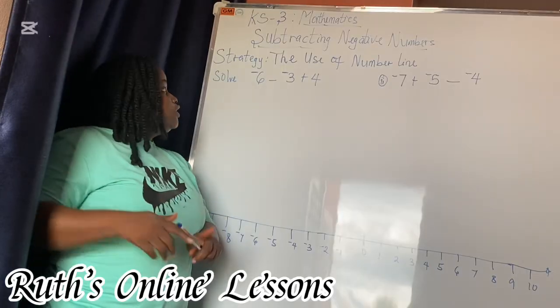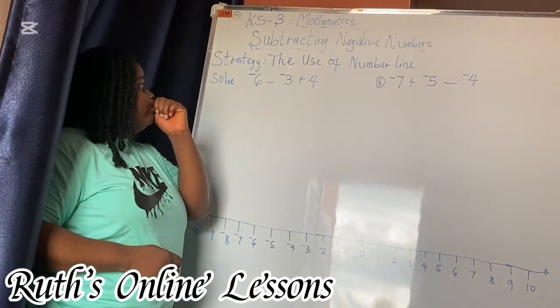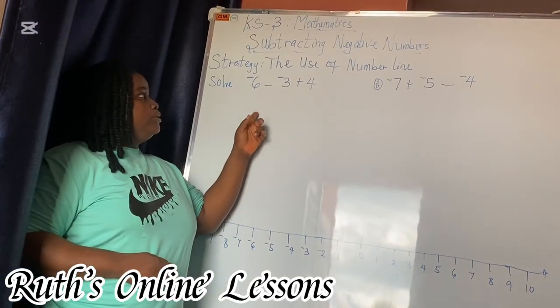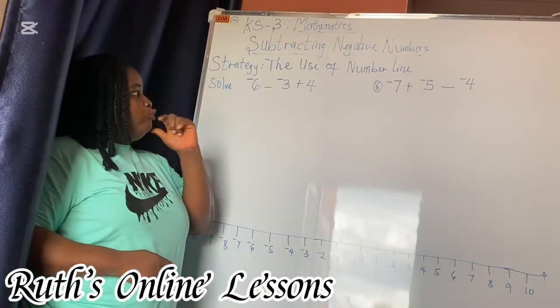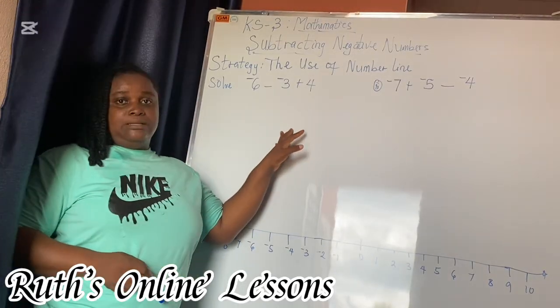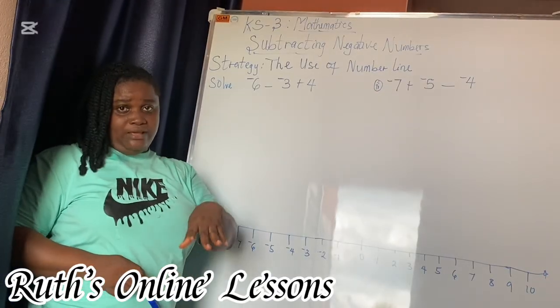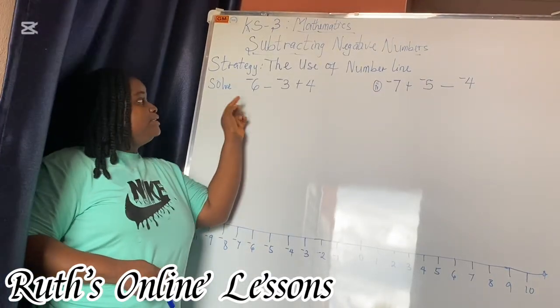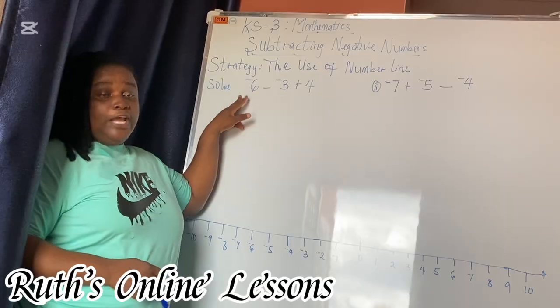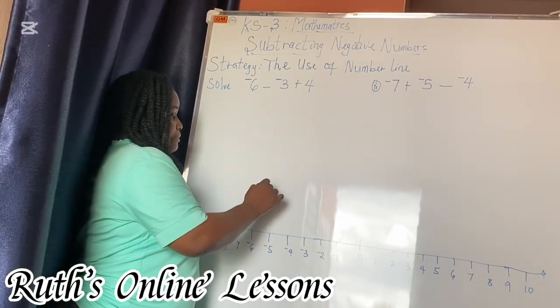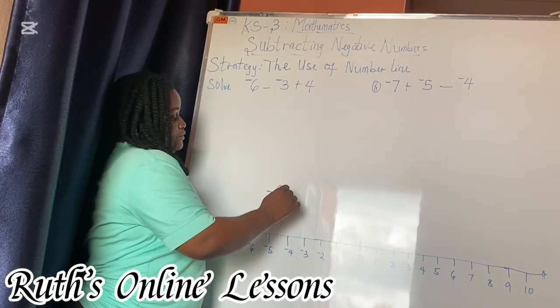All right. So today I want to look at this problem where we are to solve numbers, taking note of the signs that the numbers have. The question here is, this is -6. I know most of us are used to writing -6, -3.